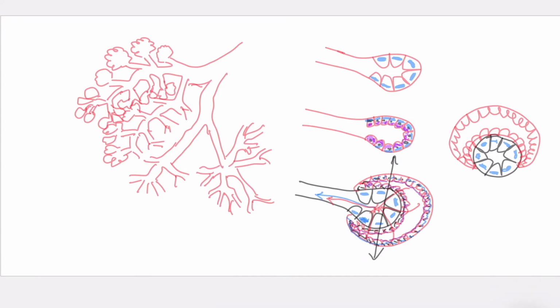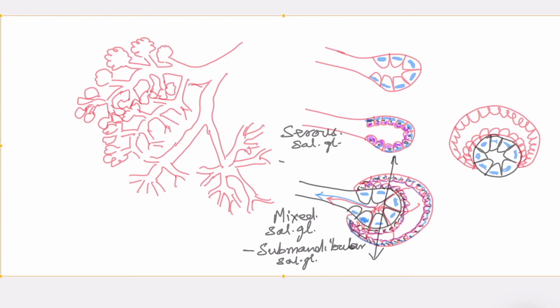So this is a feature of the mixed salivary gland, and this you will find in the submandibular salivary gland. Mainly serous salivary gland, the example is parotid, and mainly mucous salivary gland, example is sublingual salivary gland.